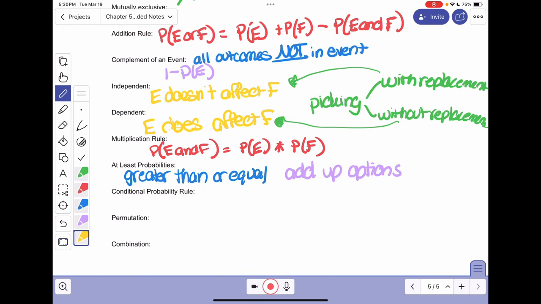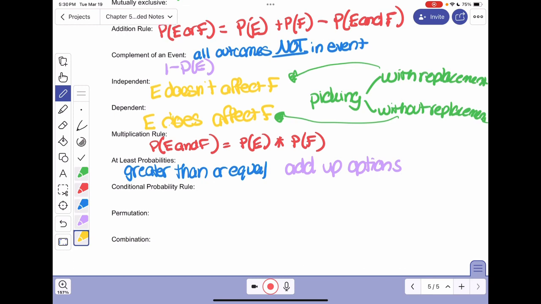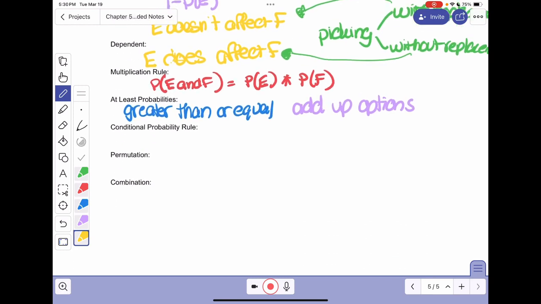Conditional probability is when we look at conditions on the groups that we're talking about. So if I say, what's the probability of getting a diamond given I'm only looking at red cards? That's going to change. So probability of E given F, that's what that means.